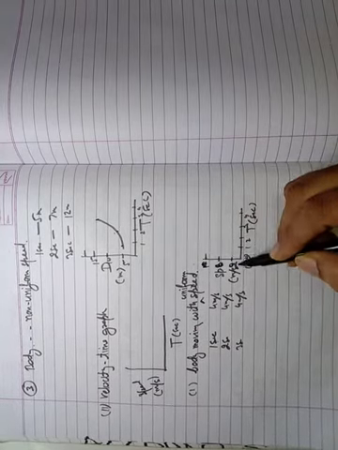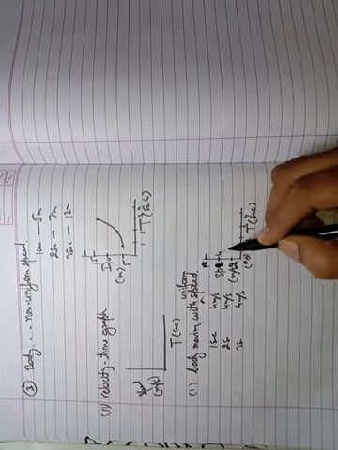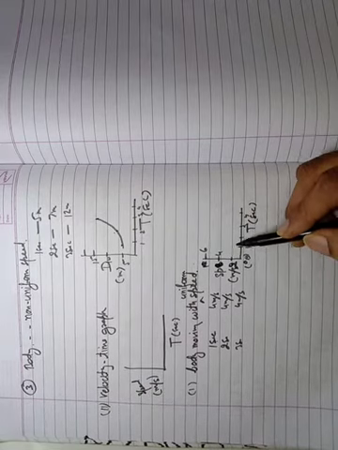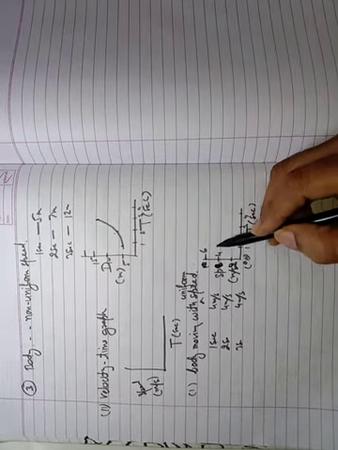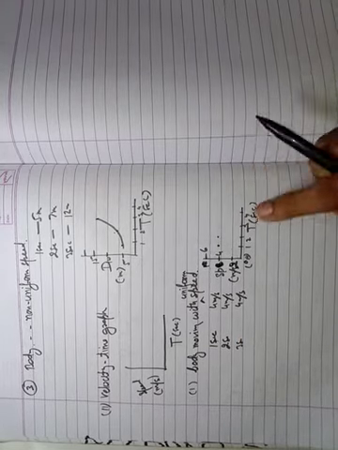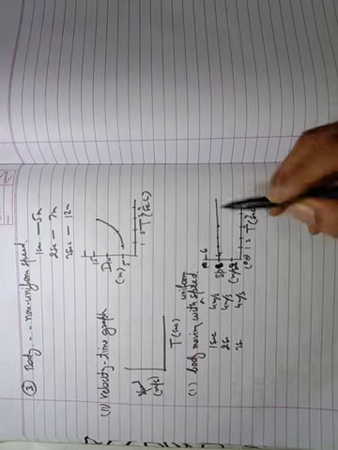We should not use the table of 4, we can use the table of 2: 2, 4, 6. At 1 second the speed is 4 meter per second, at 2 seconds again 4 meter per second, at 3 seconds 4 meter per second. Now the graph is like this.